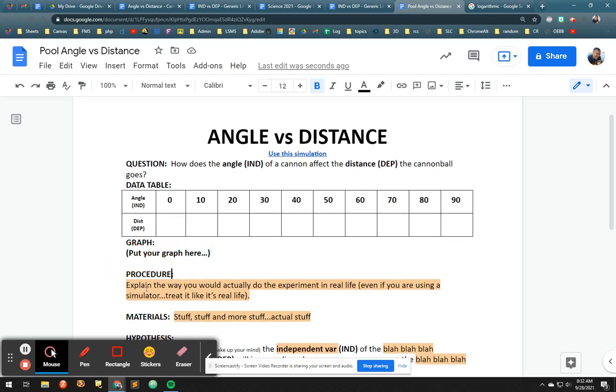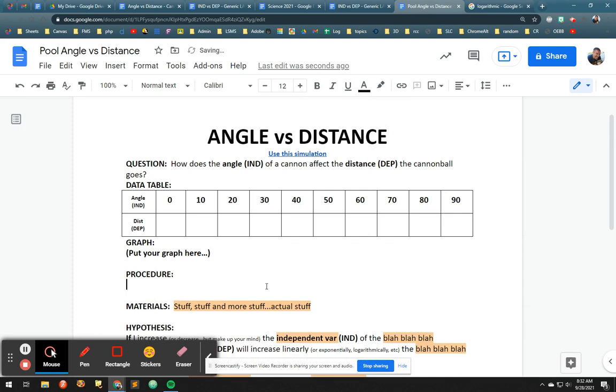That'll come later. The procedure, like it says there, I want you to explain as if you were doing it in real life. So set the cannon at 0 degrees. Load a cannonball in it. Chamber and fire.